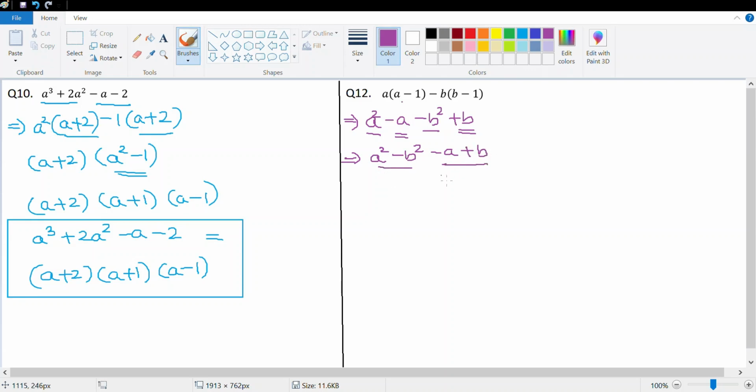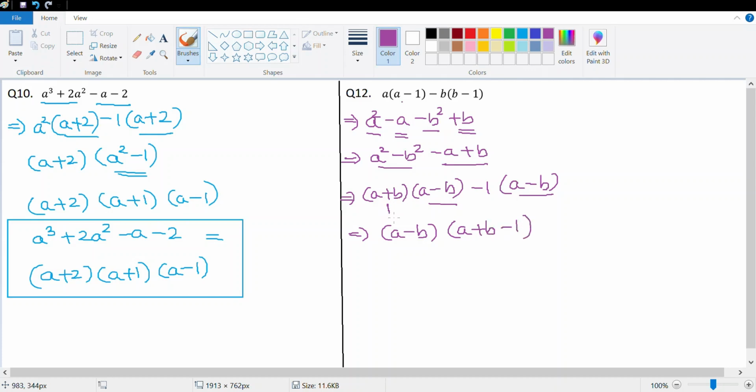Grouping it the way I've underlined again, the first two terms become a plus b multiplied with a minus b. If I take negative 1 common, what I am left with inside the bracket would be a minus b. This is negative a, this is plus b. Now between these two terms, a minus b is common. So what we get is a minus b times a plus b minus 1.